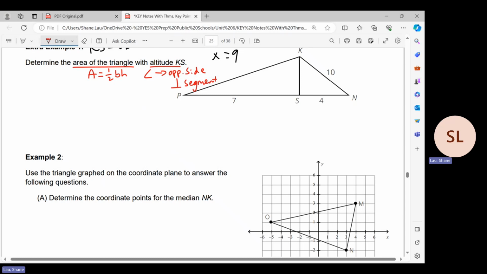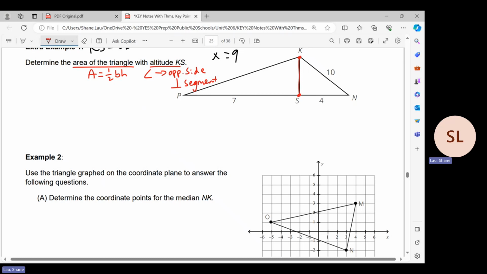So first, let's establish which one is our angle and which one is the side part. So looking at KS, K is our vertex, that's the angle, and we're going to S, that is our perpendicular segment, because PN is our opposite side from K. And so in order to actually solve this problem, we have to do a couple things.